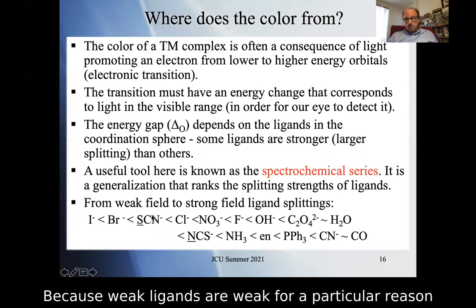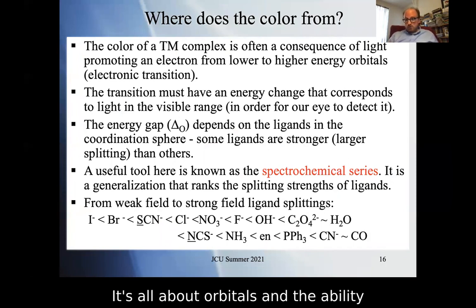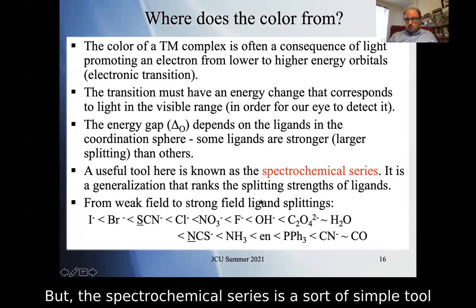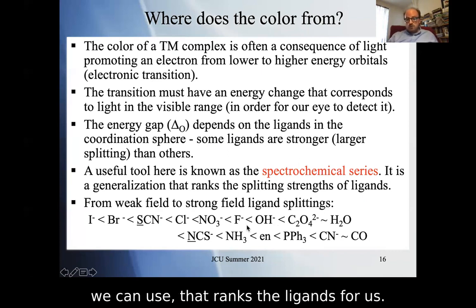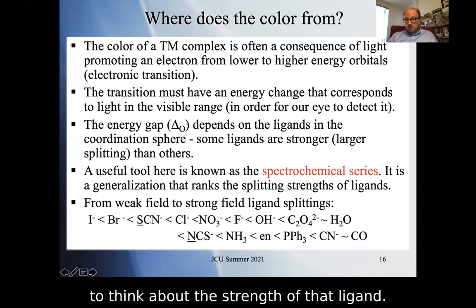Because weak ligands are weak for a particular reason and strong ligands are strong for a different reason. It's all about orbitals and the ability to overlap and make bonds. But again, the particular of that is not just one simple answer. But the spectrochemical series is a simple tool we can use that ranks the ligands for us. So it's a matter of using the spectrochemical series to think about the strength of that ligand.